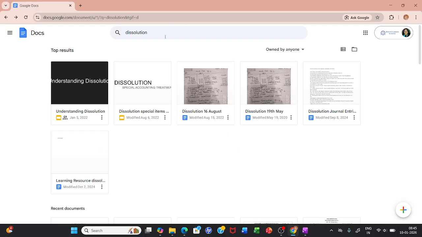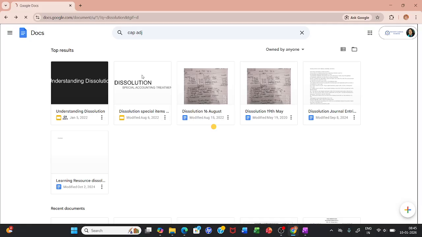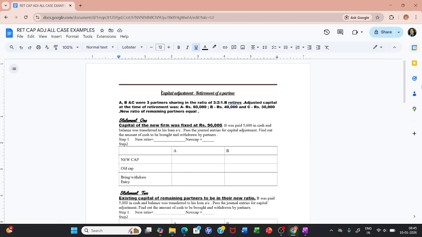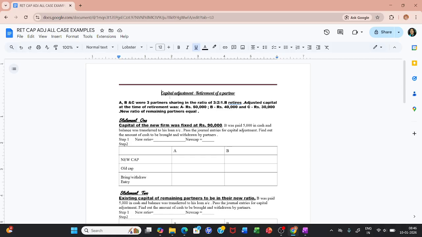worksheet with you. Over here, we can see that we are given the adjusted capital of all. I'll just note it for you.